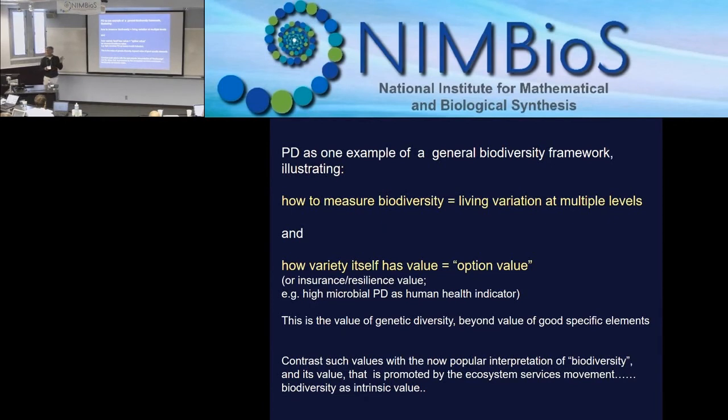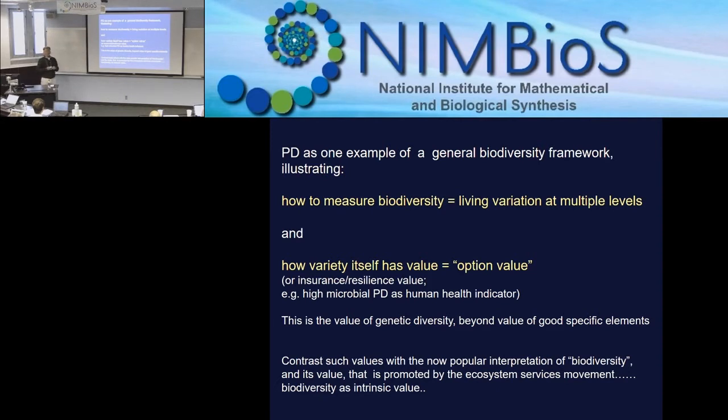So why do we care about these branches falling off the tree? And indeed, why do we care about genetic diversity? I think it was useful this morning in Michael's talk that he looked at the CBD goals and so on. There was a reference to the socioeconomically important species.